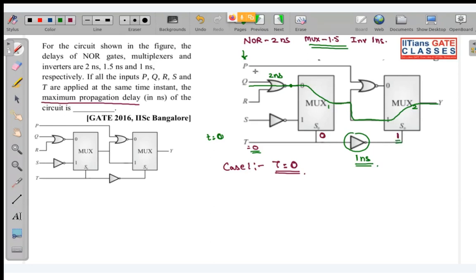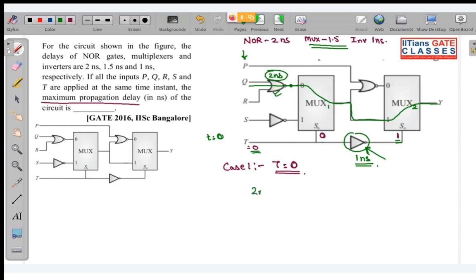But you can see the output of this NOR gate is taking 2 nanoseconds. So why should we consider this gate's propagation delay? Because its output has already stabilized before the stabilization of this NOR gate. So this time has already been taken care of by this NOR gate.